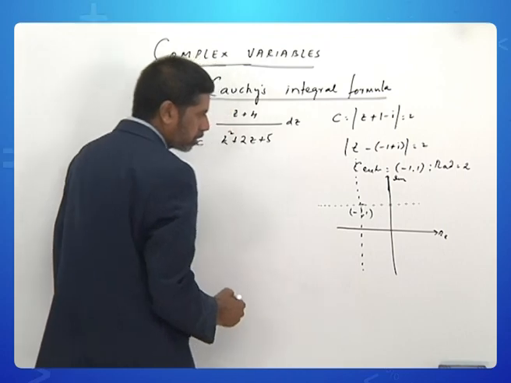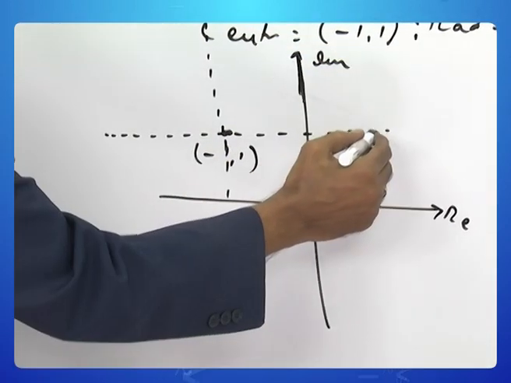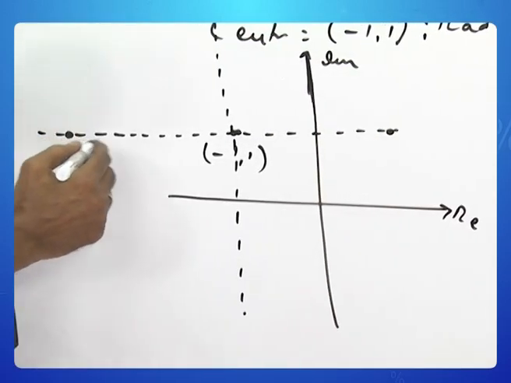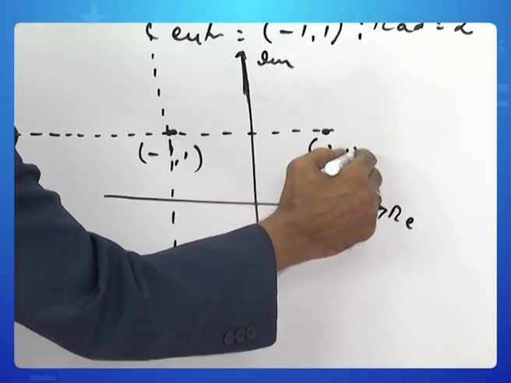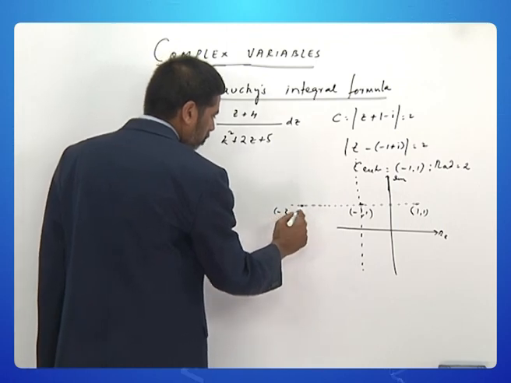So you create two diameters with this as a center, measure 2 units. So this is one end, this is the other end. This will be 1, 1. This will be -3, 1.